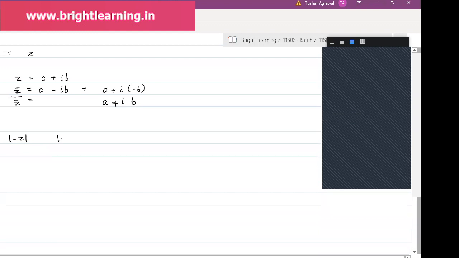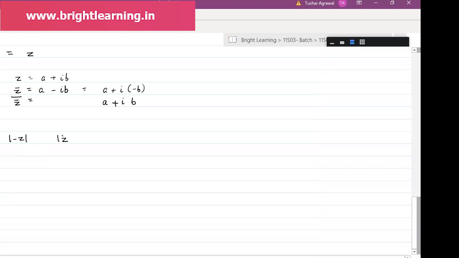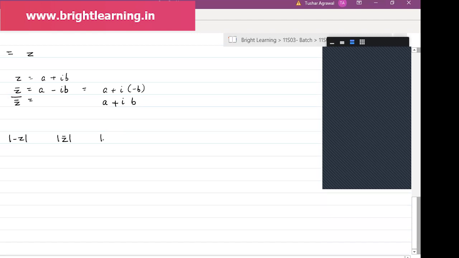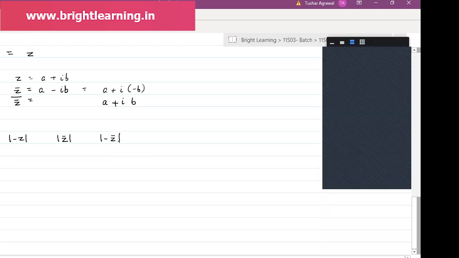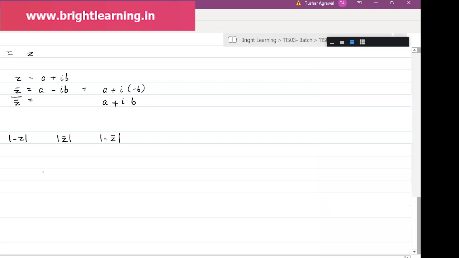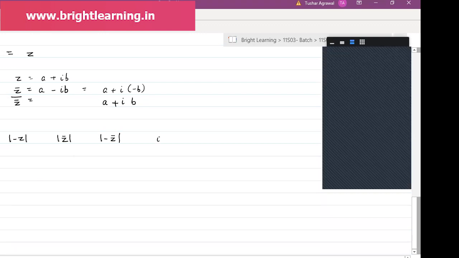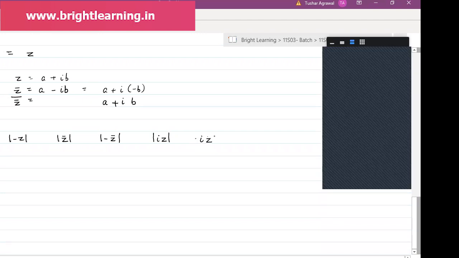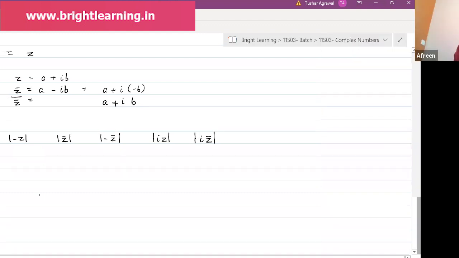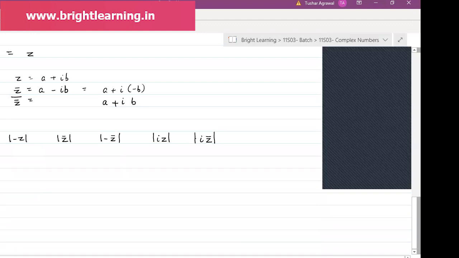Or the modulus of z bar, or for that matter the modulus of negative z bar, even i times z, its modulus, even i times z bar, its modulus. It's all one and the same thing.